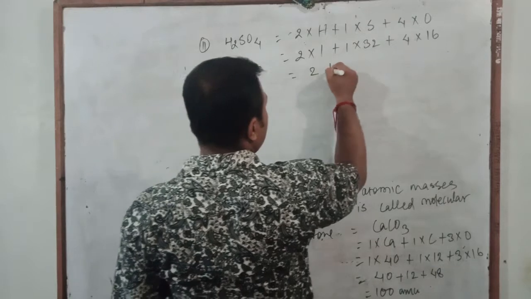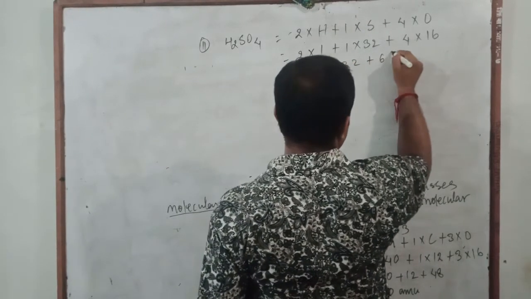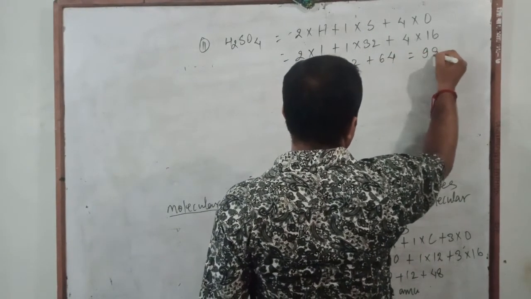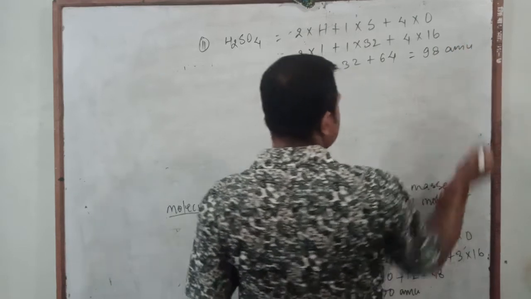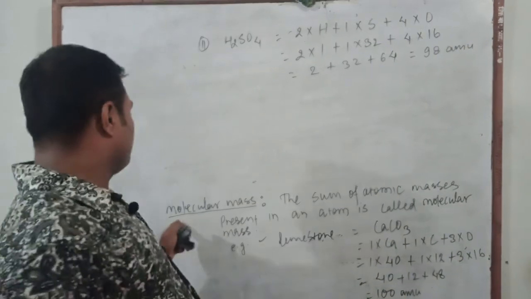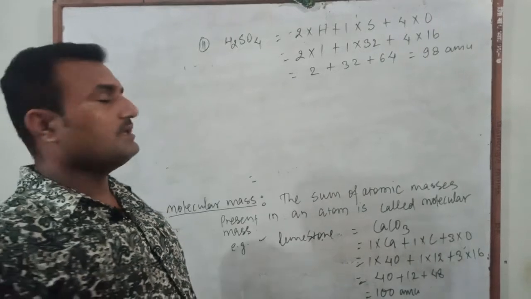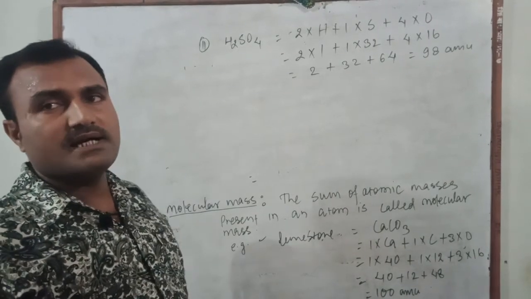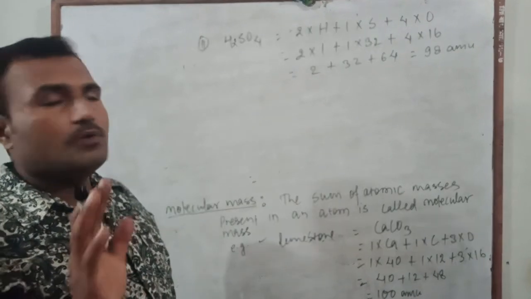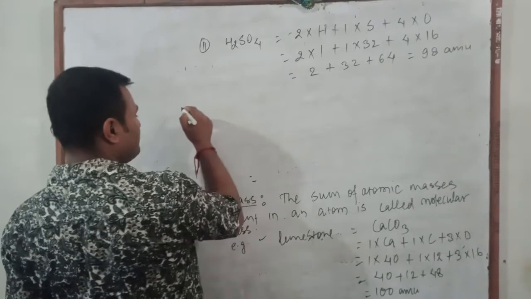So 2 plus 32 plus 64 equals 98 AMU. It is called the molecular mass of the compound. In this way, when we know atomic masses, we can easily calculate the molecular mass of the compound.